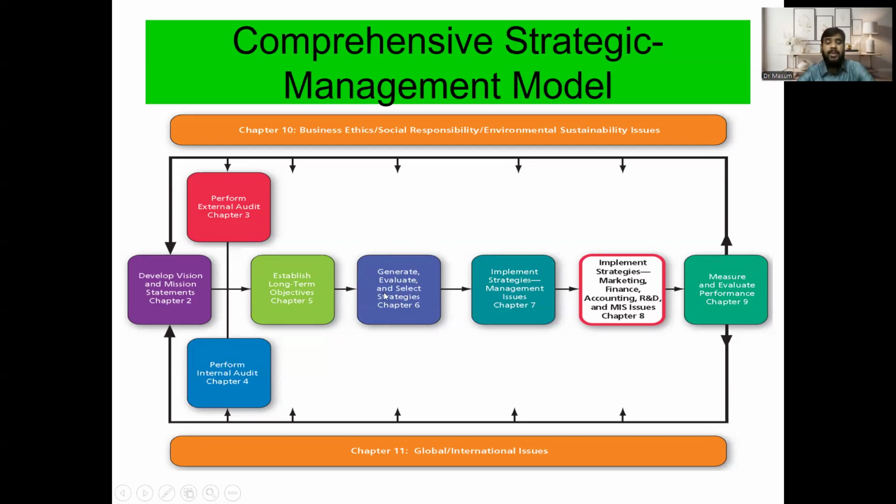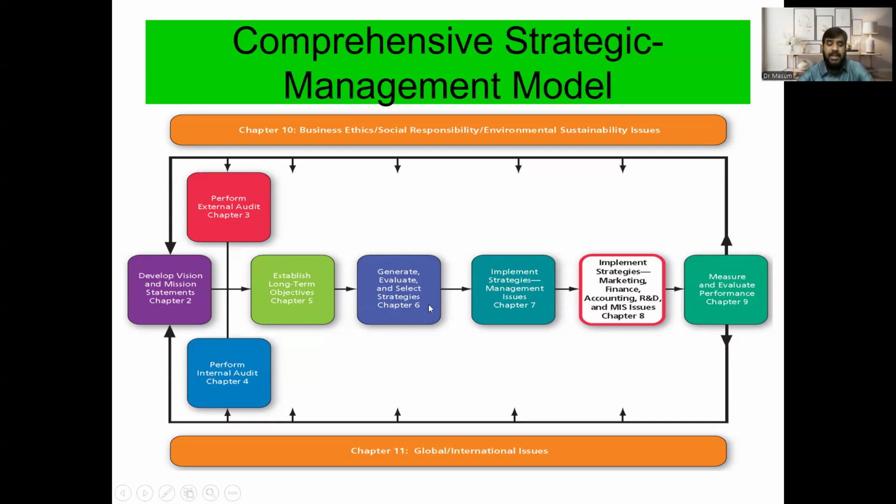After evaluating the strategies, we select one of them through QSPM. If you can recall QSPM, the quantitative strategic planning matrix.